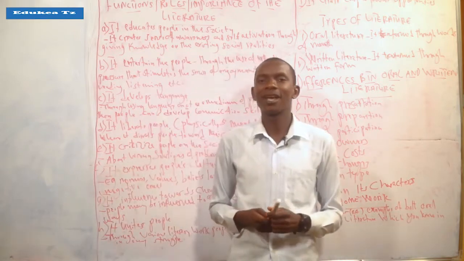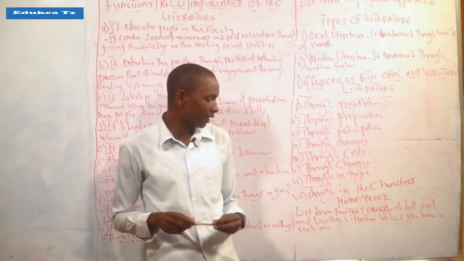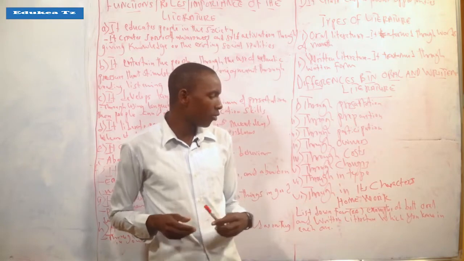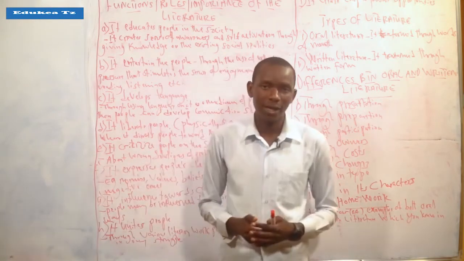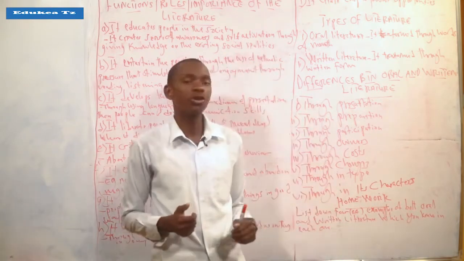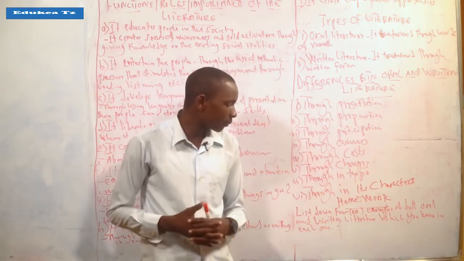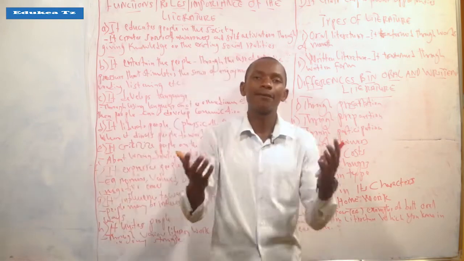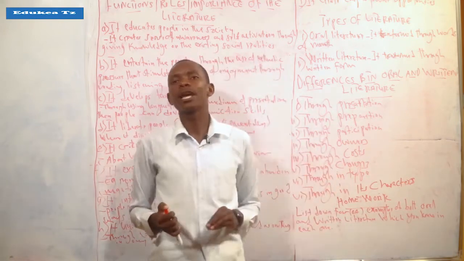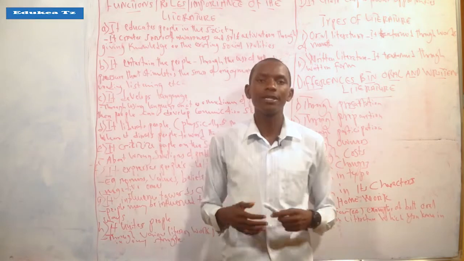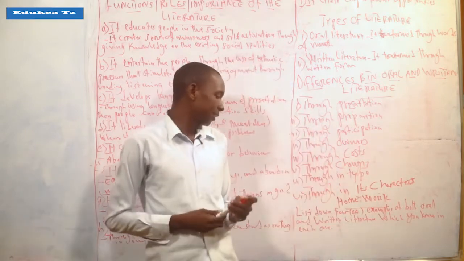So that is the end of our period. Let us take a homework so as to discuss. This task which I prepared for you needs you to give several examples of these two types of literature as we discussed in our session.